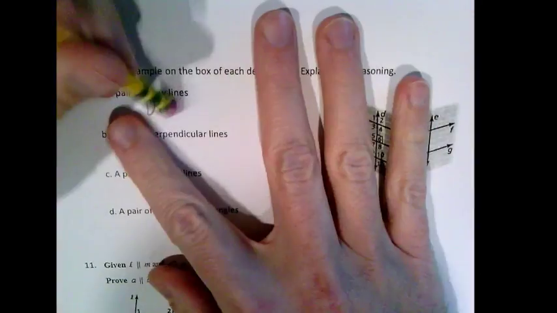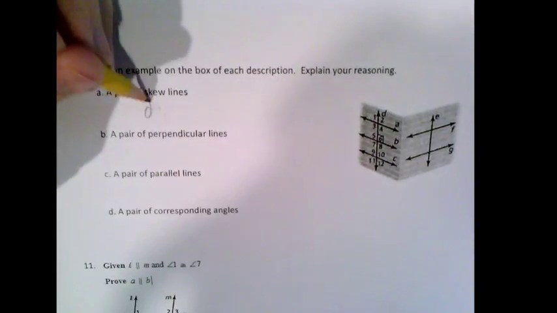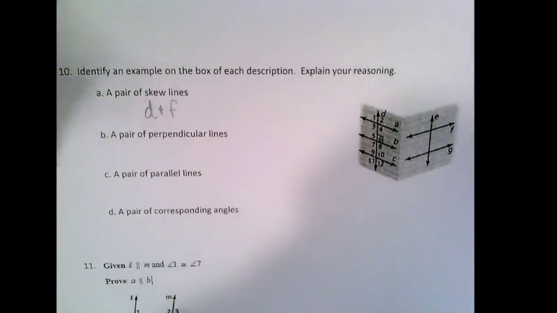Well, they're lower cases. I better leave it that way. If I make them uppercase, that means they're a point. D and F. Okay. That's fine. So I think that one's pretty basic. Basically, just don't pick things that are parallel on like the brick wall there. That's basically the best way.